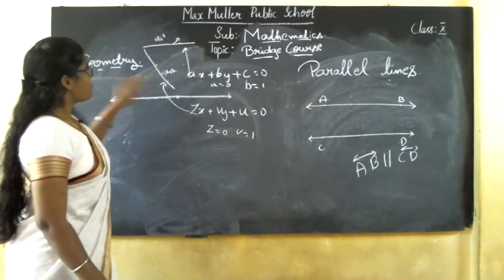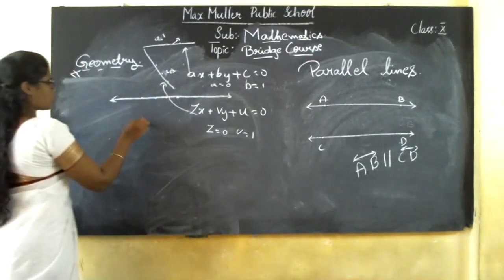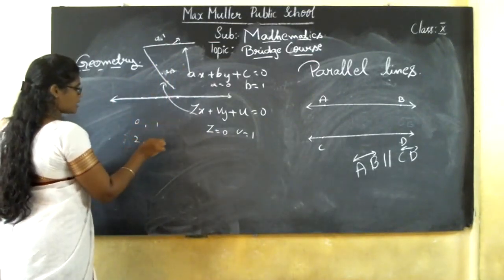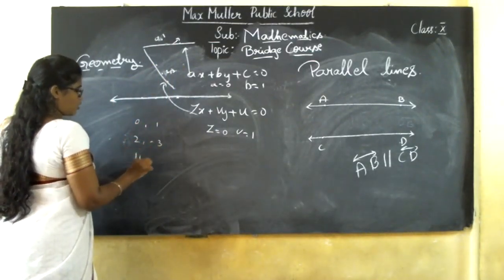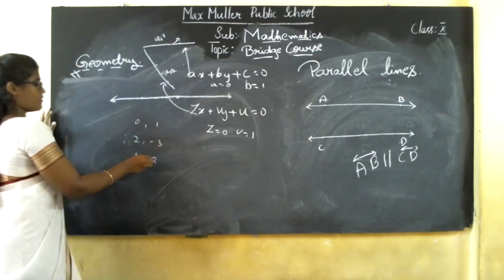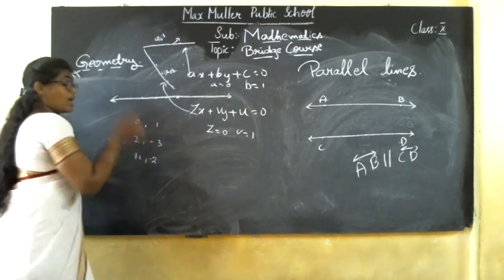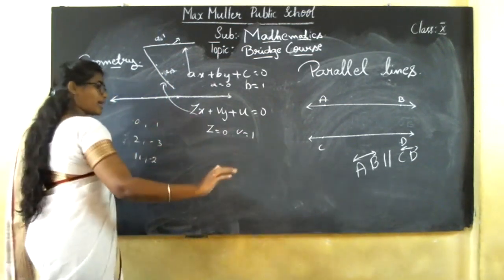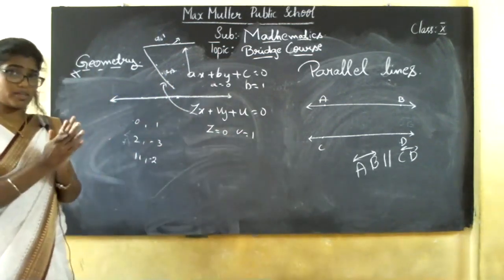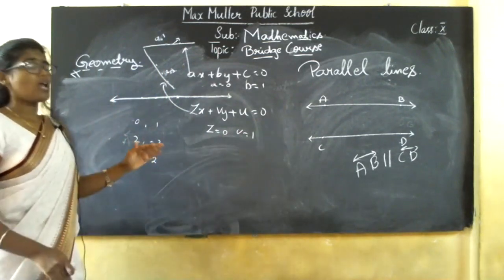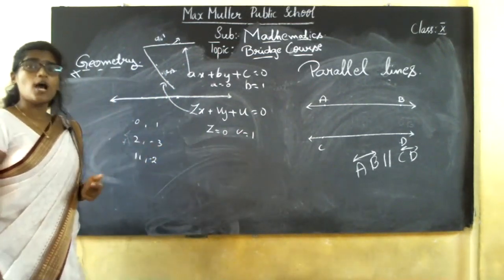If it was both the lines' points were the same, then if you draw a line, both the lines' points are coinciding with each other, and if you draw a line, that type of line is called a coincident line.